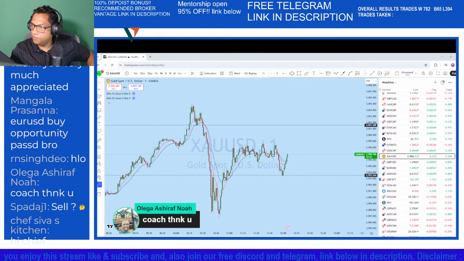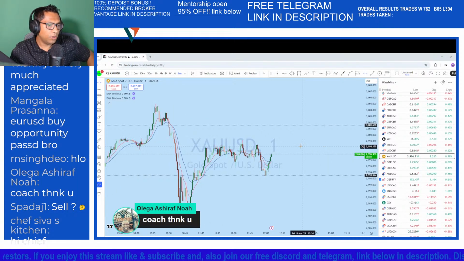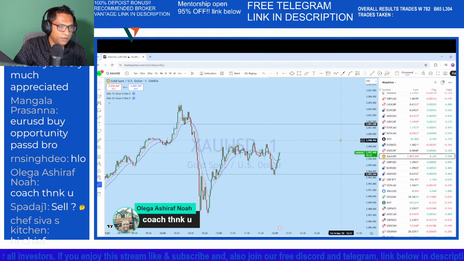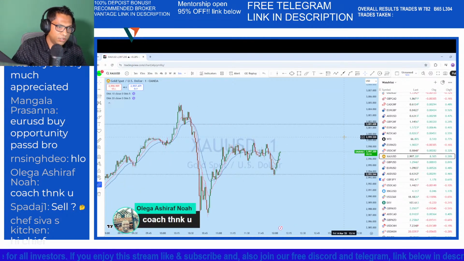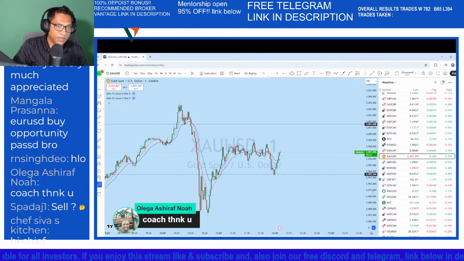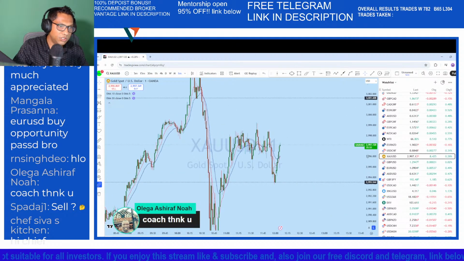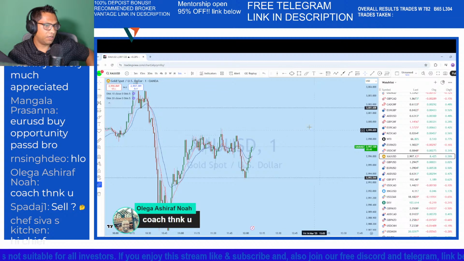So we are waiting to see a clean move, then we can enter into the trade. There is news coming later today. We also could see a significant move on XAUSD with the upcoming news.